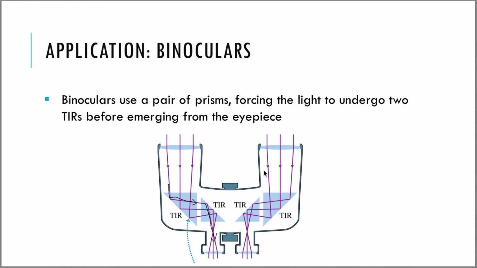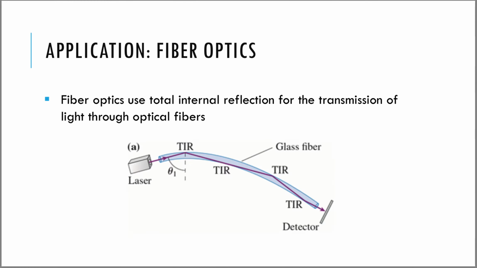Of course, you can also use lenses to converge rays of light, but we'll talk about lenses in a different section. Another really cool application of total internal reflection is fiber optics. With fiber optics, you have light, which is data, being transmitted through these cables, and the material is such that total internal reflection occurs.